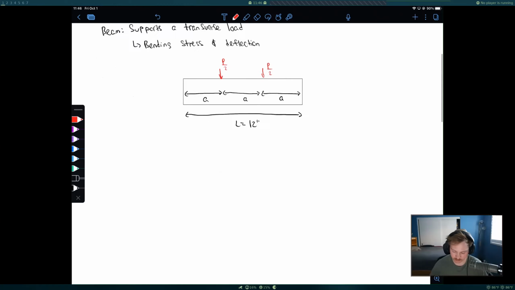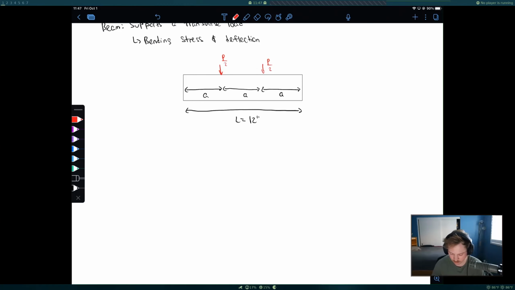Okay, so from this setup here, if you think back to your solid mechanics class, or maybe you're taking that right now, remember your shear and moment diagrams. I'm going to draw the moment diagram here. It's been a while since I've done these.